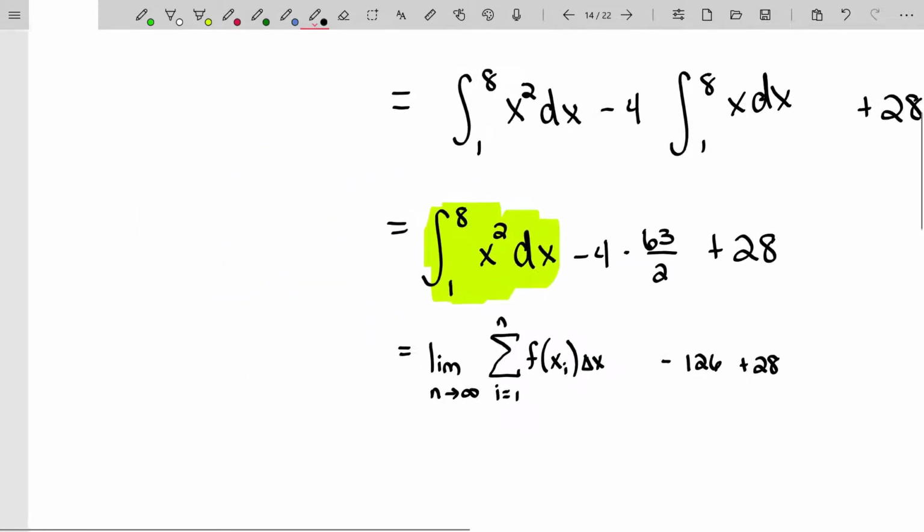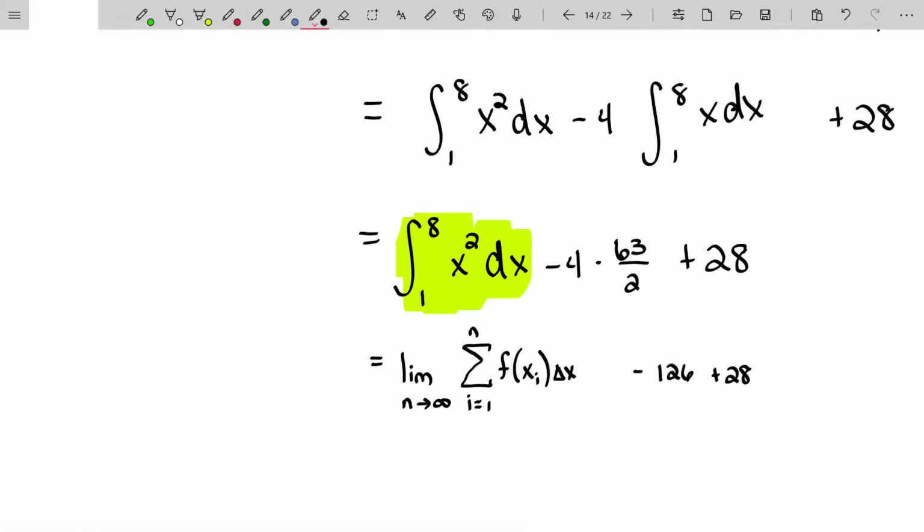Let's go ahead and, off to the right hand or left hand side, find out what delta x is. Well, it's b minus a over n, and b in this case is 8, a is 1, so it's 7 over n. And x sub i, using right endpoints there, is going to be a plus i delta x, or in other words, 1 plus i times 7 over n.